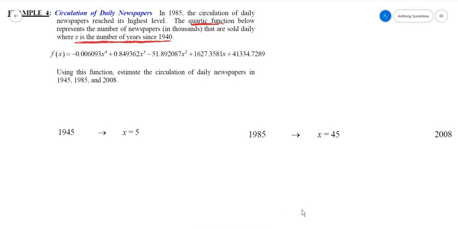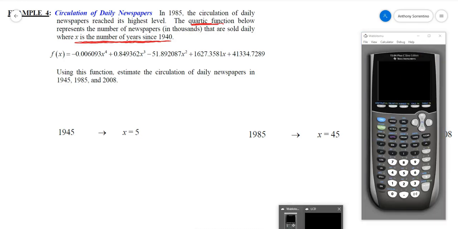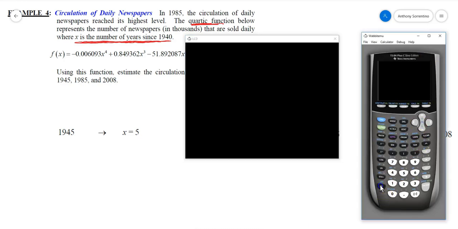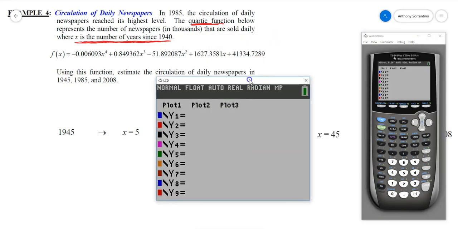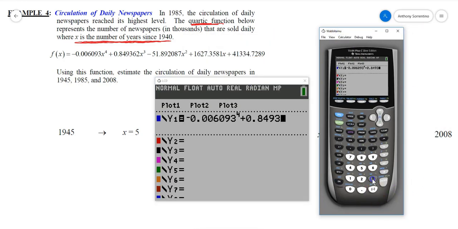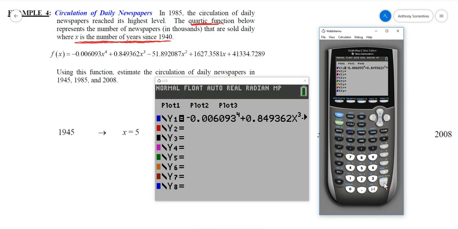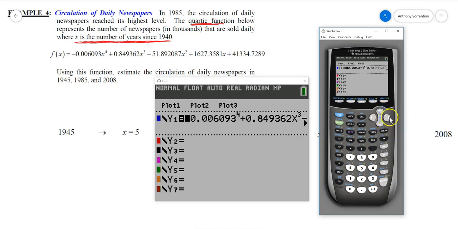And so I'm going to bring up my calculator and the detached LCD, and I'm going to put that function in here. So now I have the entire function in there. Now to talk about a couple of things, maybe I want to know what the graph looks like. And as I look at this, I notice that in my function up here, the x didn't seem to appear.